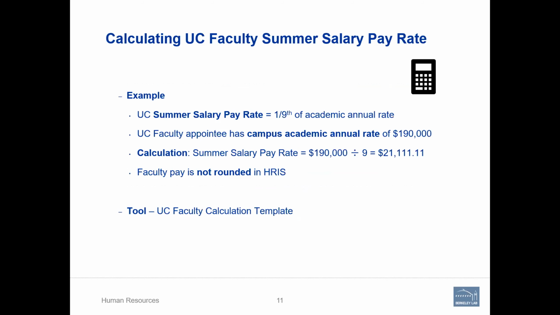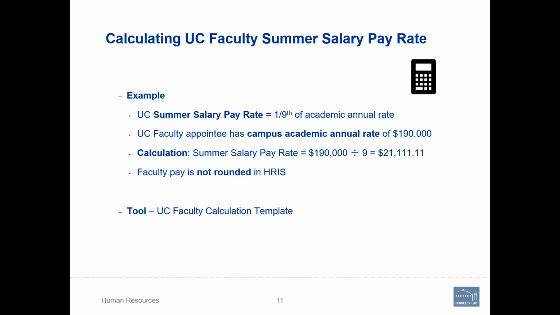I'm going to move next to the calculations. I'm going to show you the calculations, but we do have a template that does all of this for you. But it's probably good to know just how it's done. This is an example of a summer salary pay rate of 1/9 of the academic annual rate.